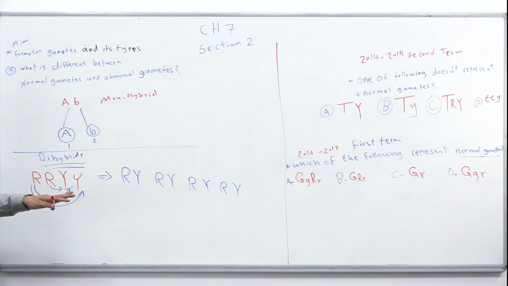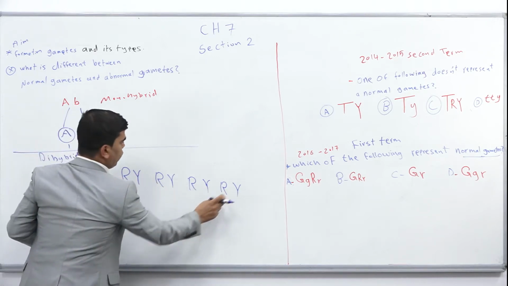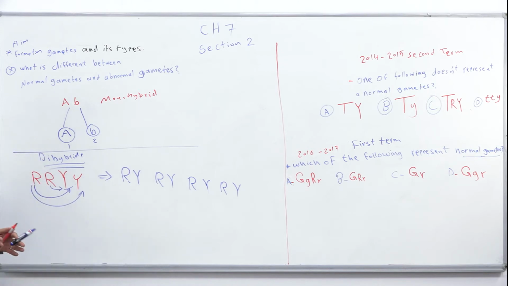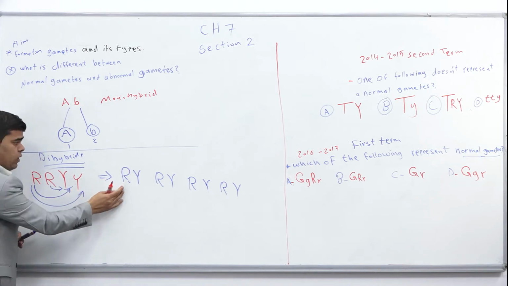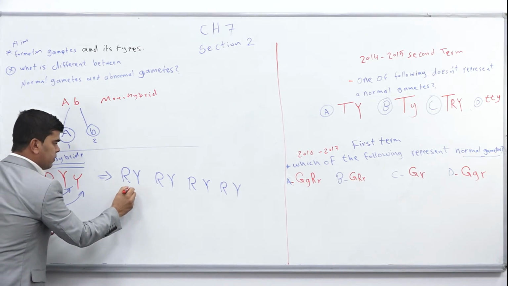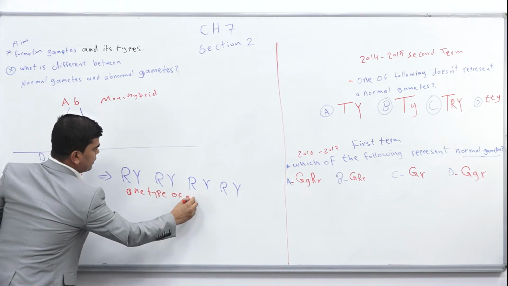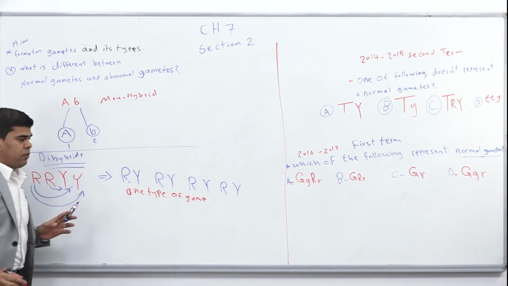So how many gametes are produced? 1, 2, 3, 4. 4 gametes are produced. But how many types? If we look at this, all of them are the same, so 1 type of gamete is produced.